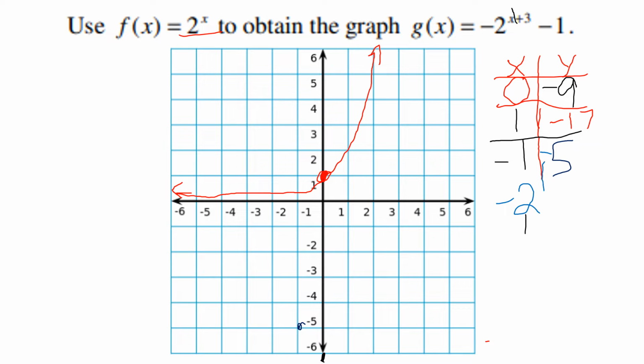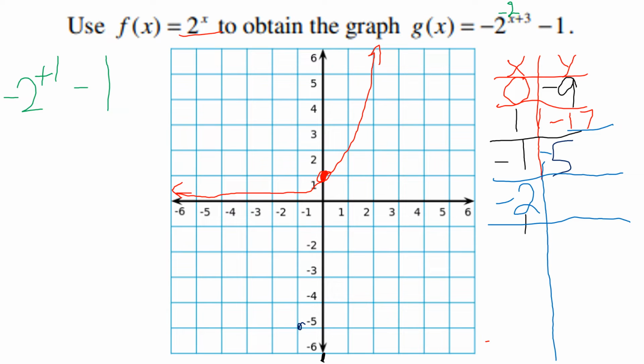So for negative 2, I get negative 2 plus 3, and that's 2 to the first power, positive first power, minus 1.